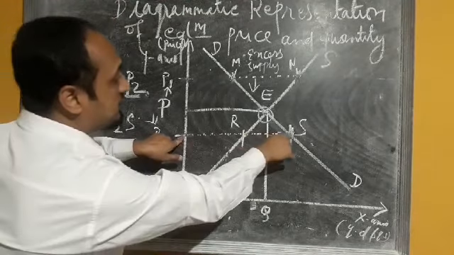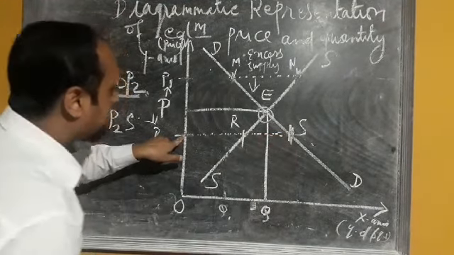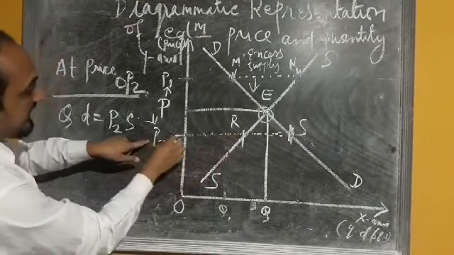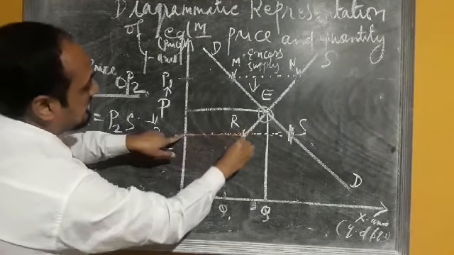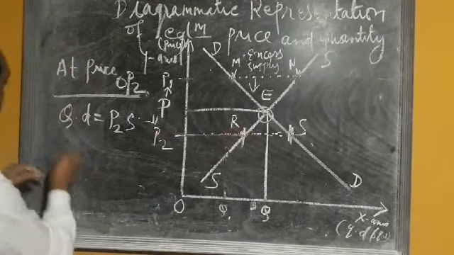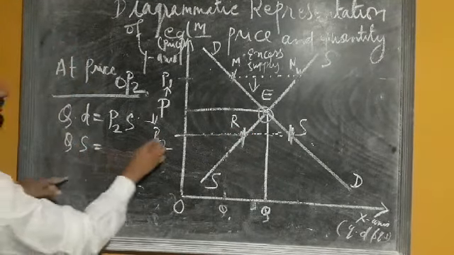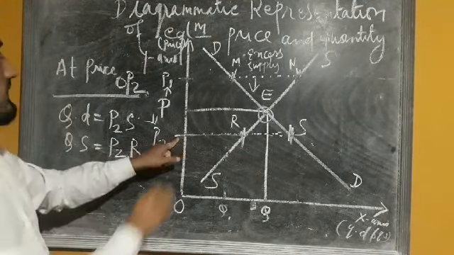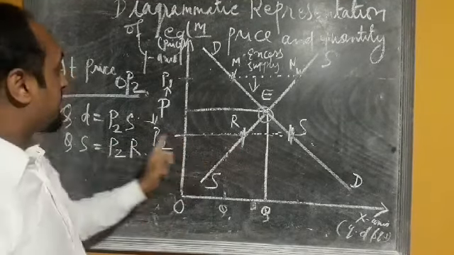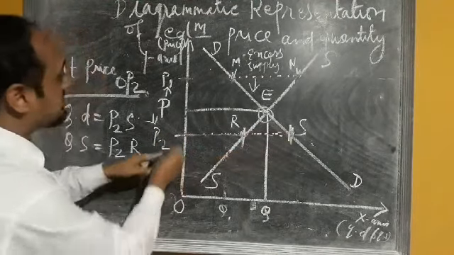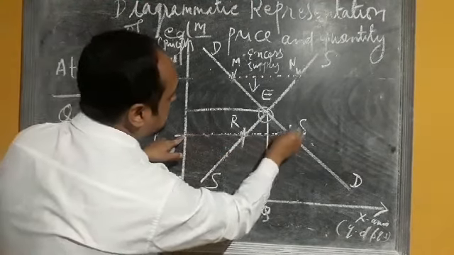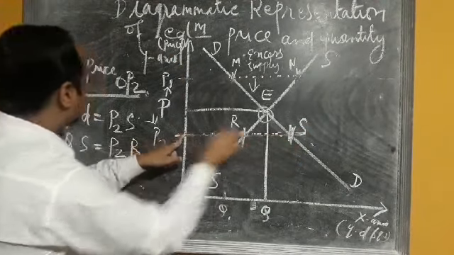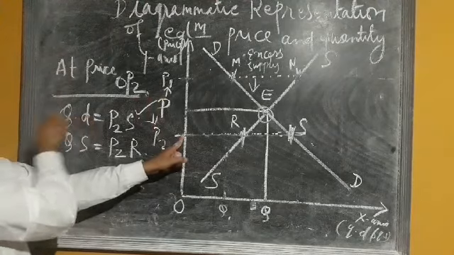Quantity demand is P2S, and quantity supply is P2R, because this price line is intersecting the supply curve at point R. So quantity supply is equal to P2R. Why is quantity demand P2S? Because this price line is intersecting the demand curve at point S. So this much, P2S, is your quantity demand.